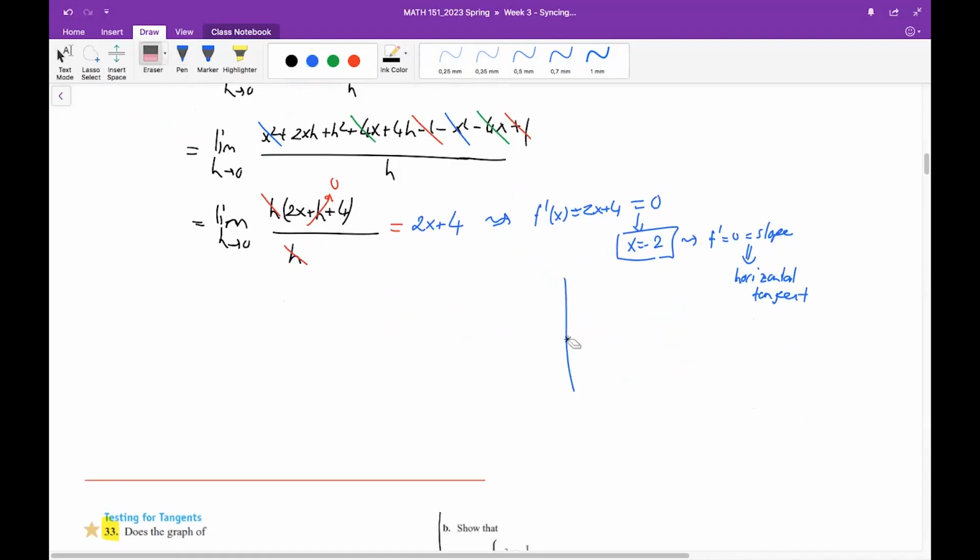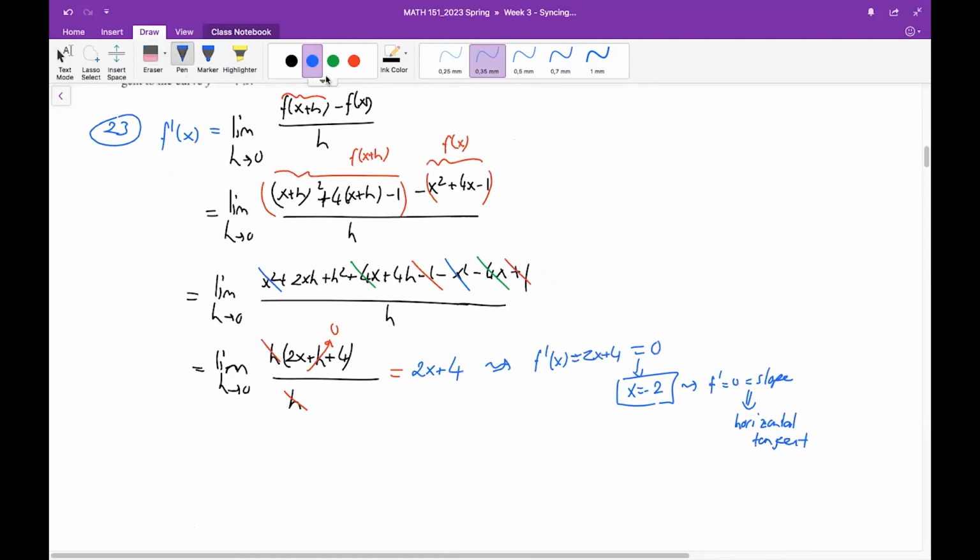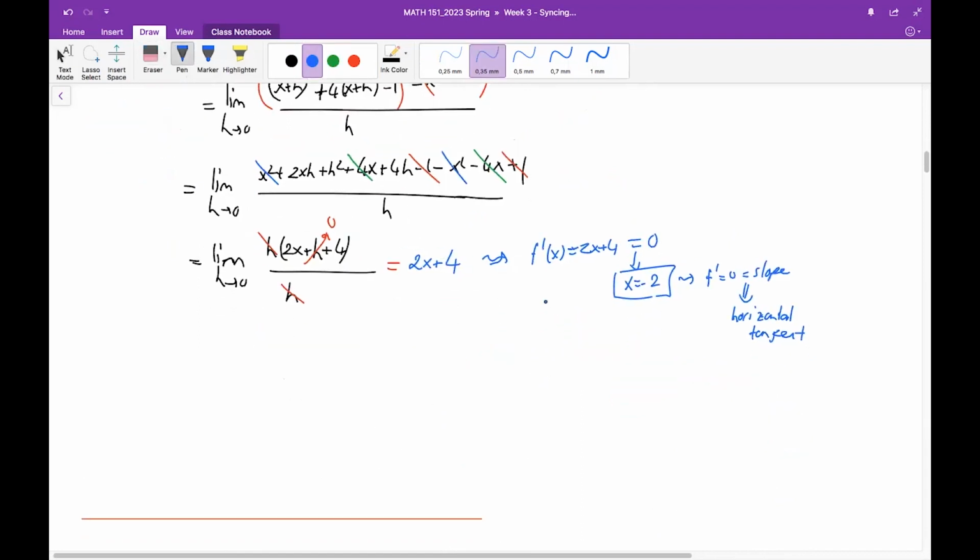So I think the graph of this function, x squared plus 4x minus 1, has such a graph. f(x) is x squared plus 4x minus 1. It is a parabola like that. And at the point x equals -2, okay, let's draw it like this.